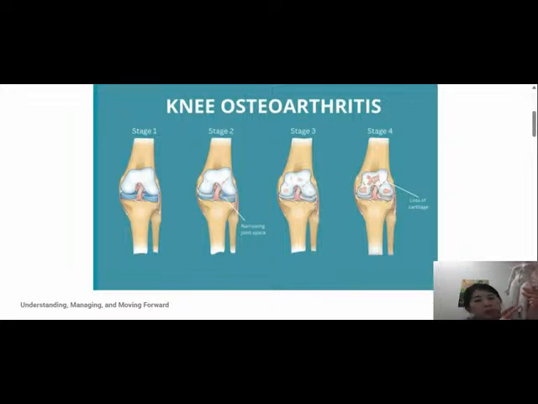So this is on the spleen meridian. Massage this point, it helps to promote blood circulation.